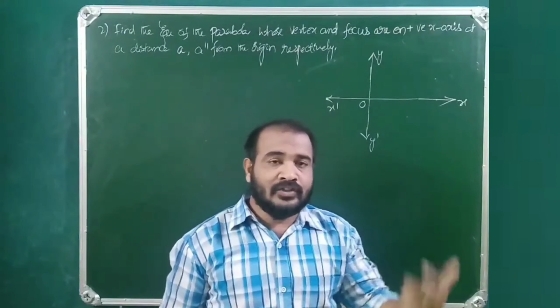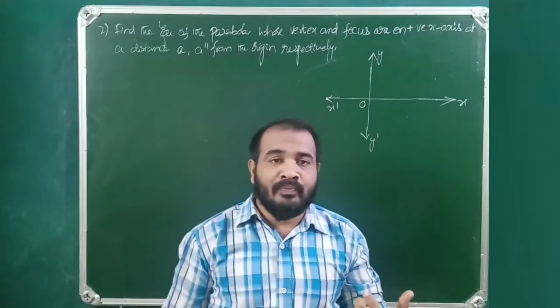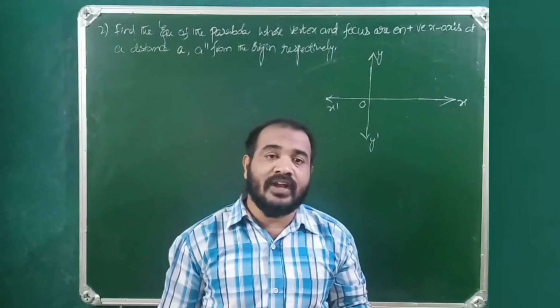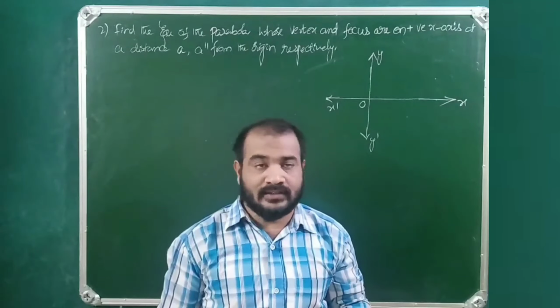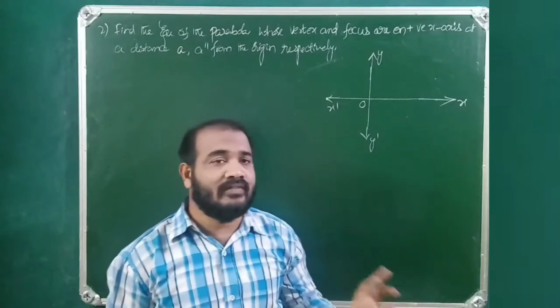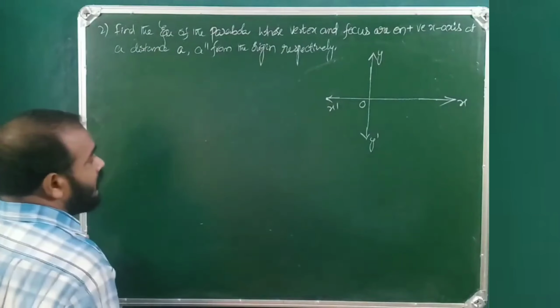the equation of the parabola whose principal axis is the x-axis is of the form y square equals plus or minus 4ax. But here it is the positive x-axis, so that is plus 4ax. So y square equals 4ax.